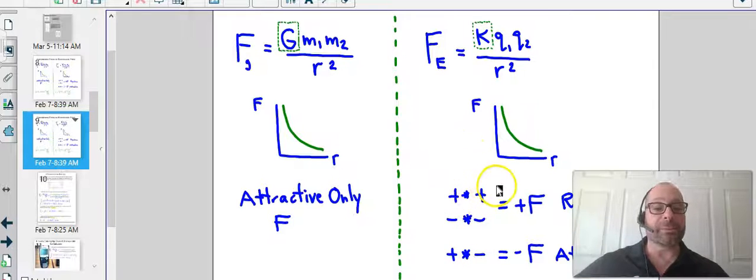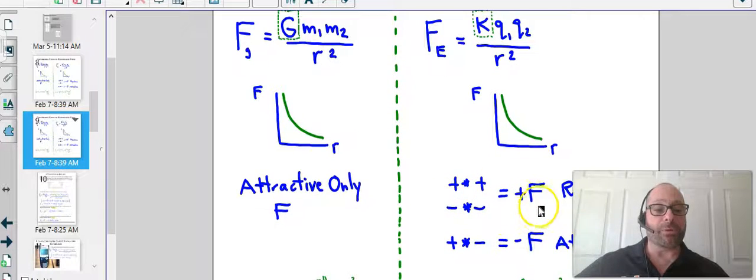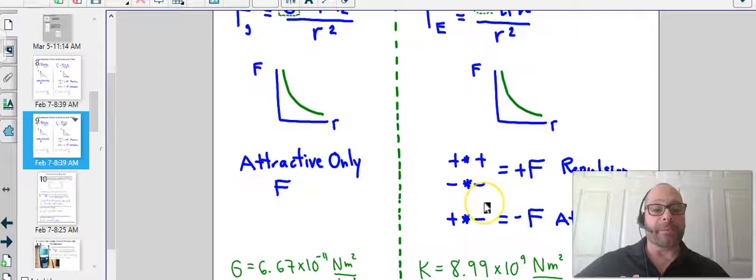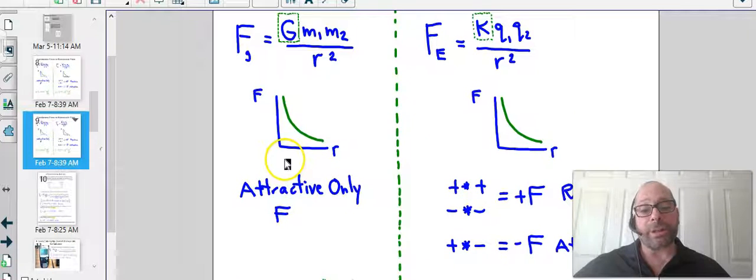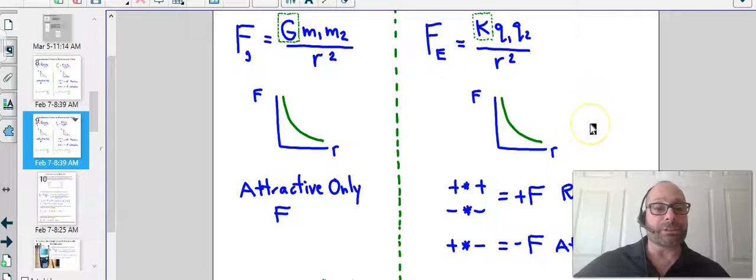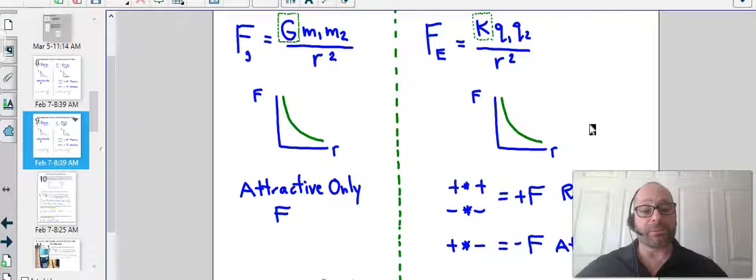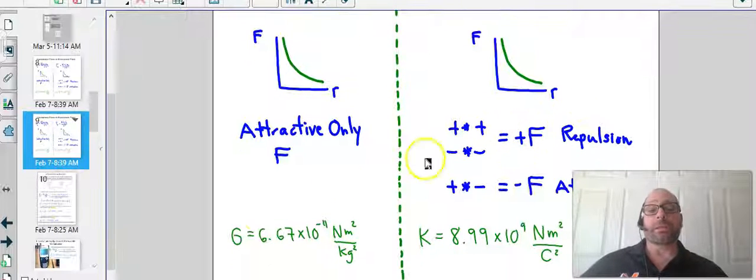So two positives or two negatives is a repulsive force, and a positive and a negative is an attractive force. Gravitation was only attractive, whereas the electrostatic force, the Coulomb force, can be either attractive or repulsive.